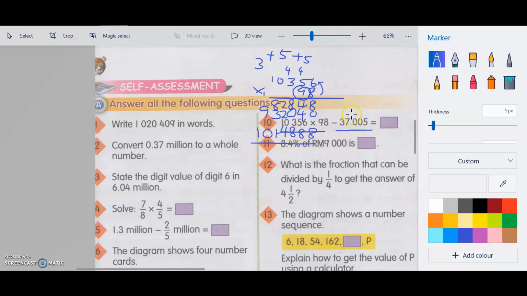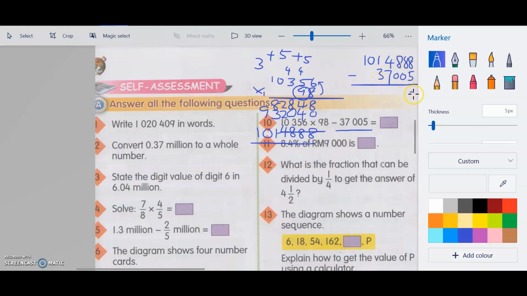Then you minus 37,000 and 5. Make sure you arrange properly according to their values. Starting from the right, the ones first and then all the way to the tens, 10,000s.